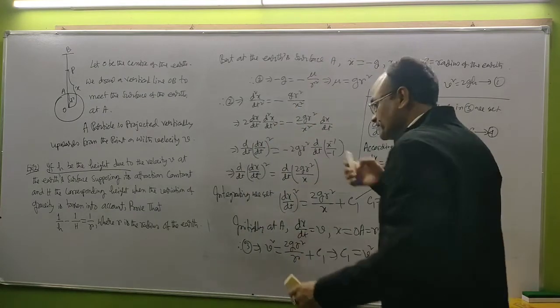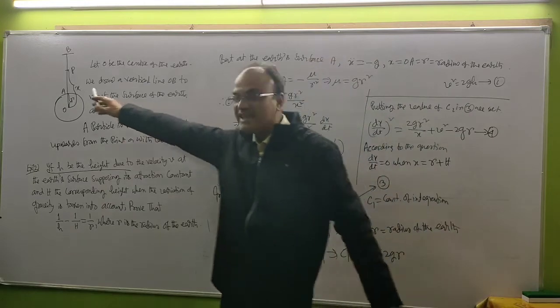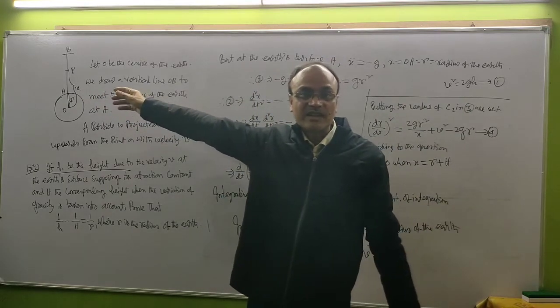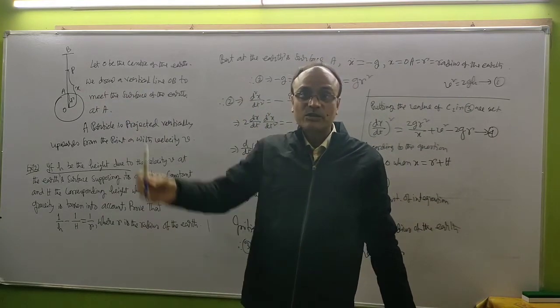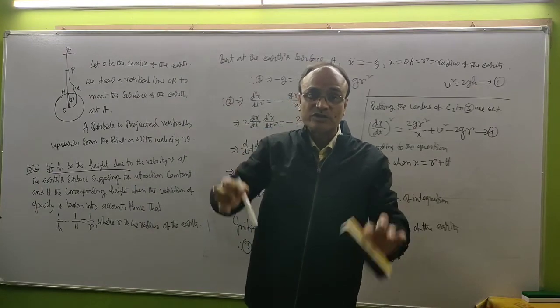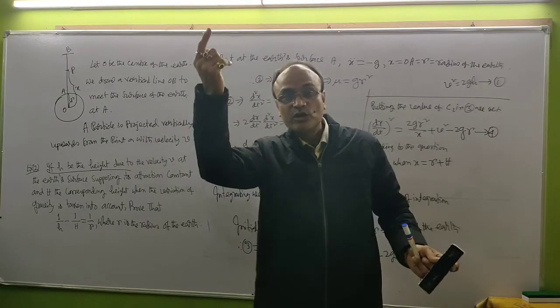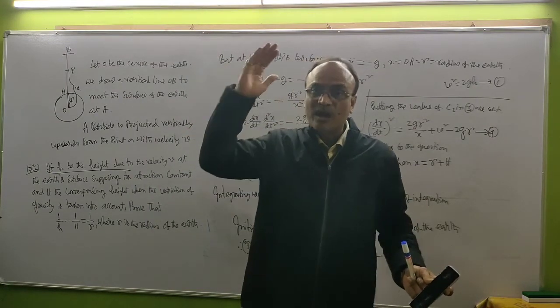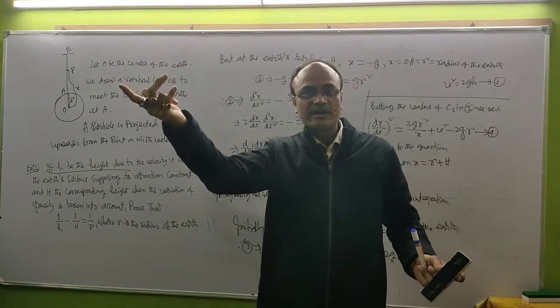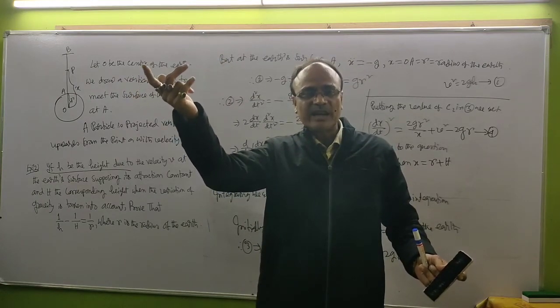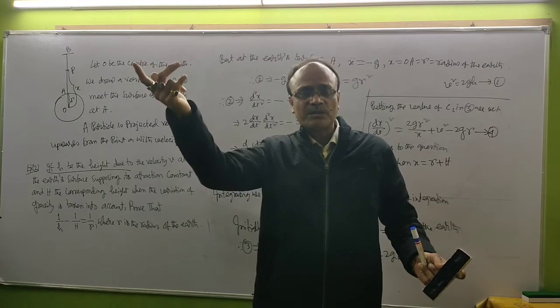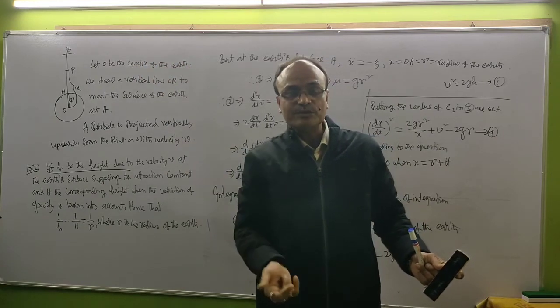Is it clear? See the diagram. From the point A, the particle is projected vertically upwards with velocity v. Its velocity will be decreasing, and at some time the velocity of the particle will become 0.